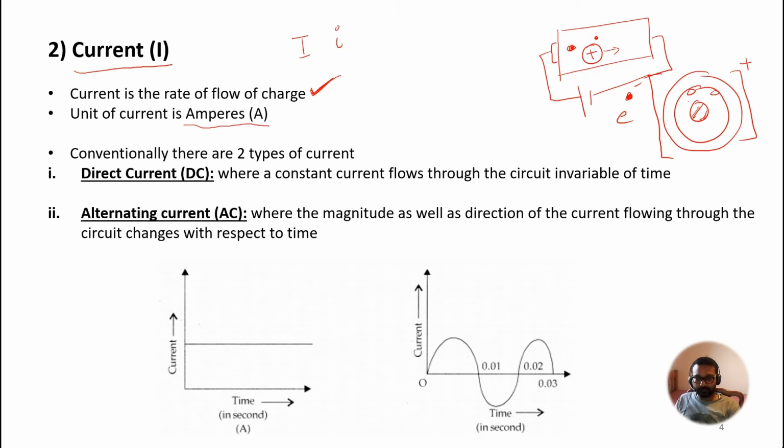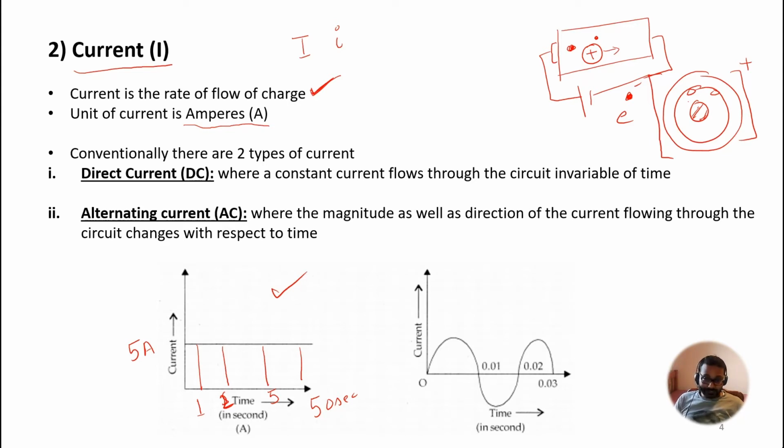So if you look at the first figure over here, figure number A. At different instances of time, so let's say at 1 second, 2 seconds, 5 seconds, let's say after 50 seconds, the value of current or the amplitude of current, let's say if it was 5 amperes at 1 second, it will remain at 5 amperes after 2 seconds, and even after 50 seconds the same amount of current will be flowing through the circuit, right?